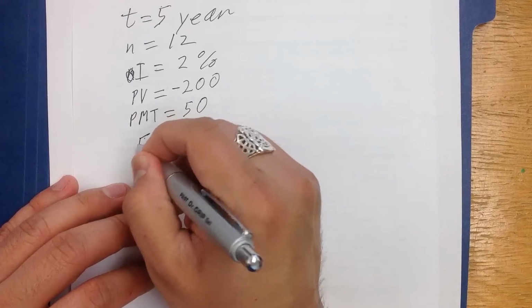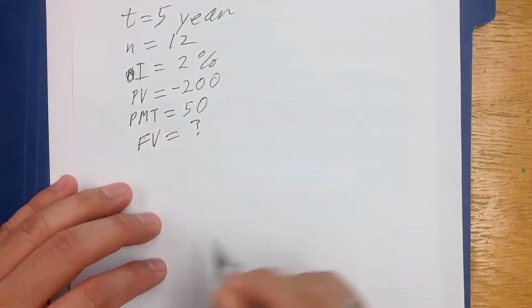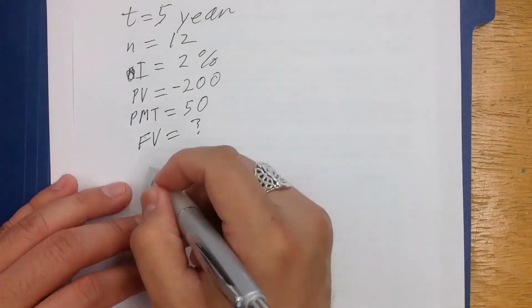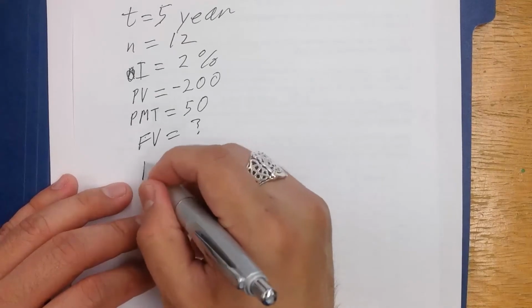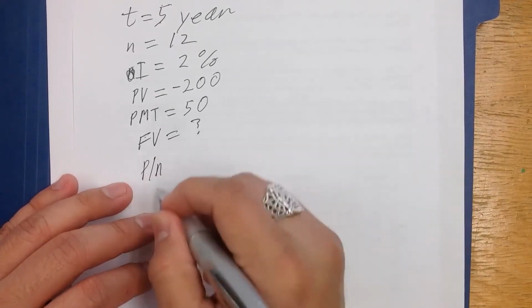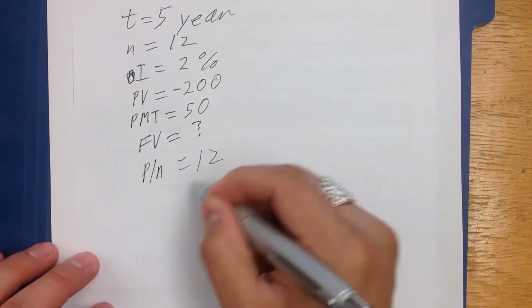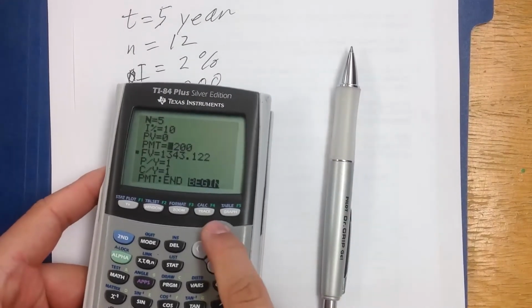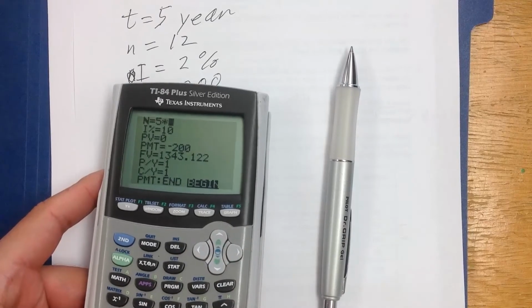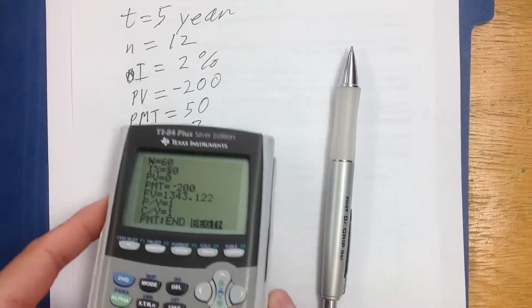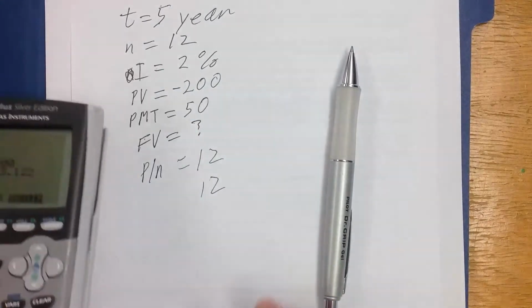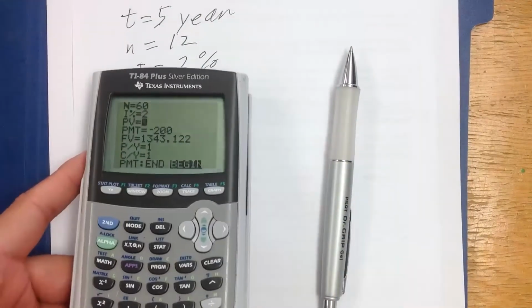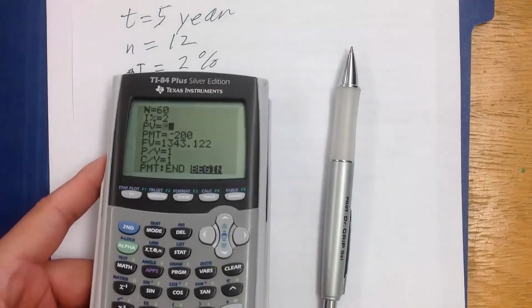And we want to know our future value. And finally, our P/Y and C/Y, that's also 12. I'm not going to worry about that. So I'm going to put this into the calculator. 5 times 12 at 2% interest, and PV is $200.